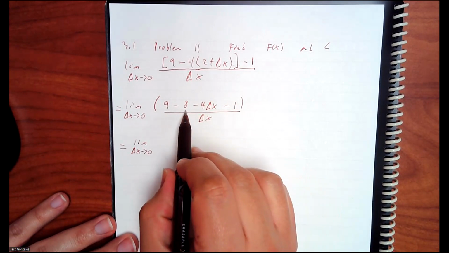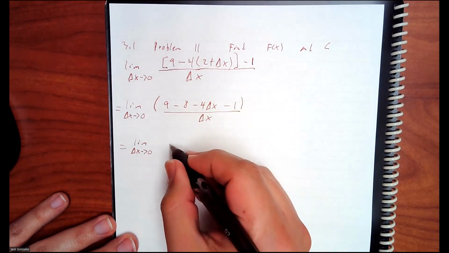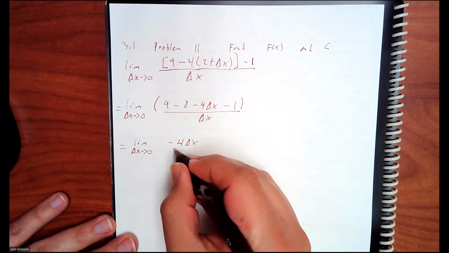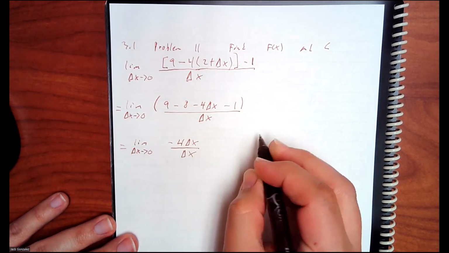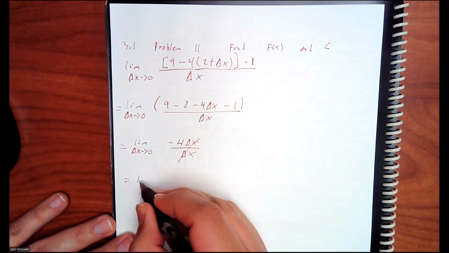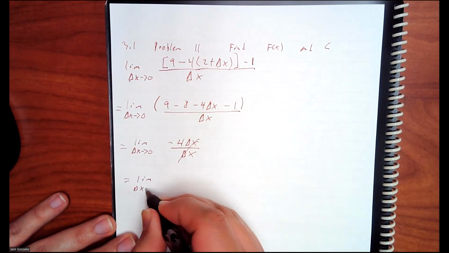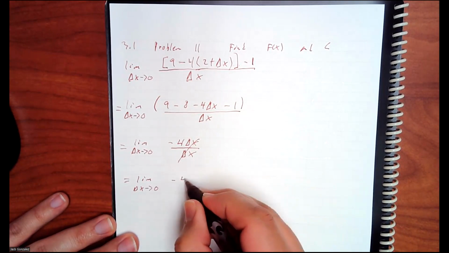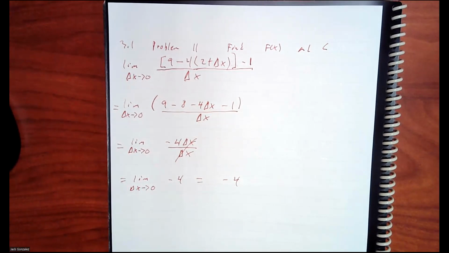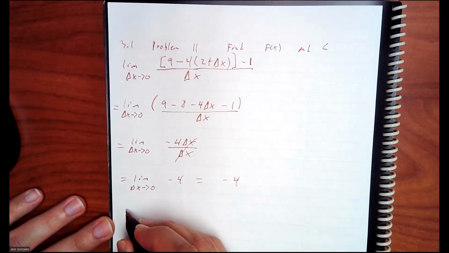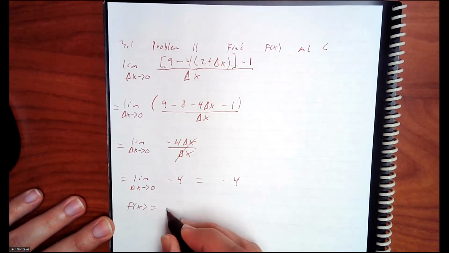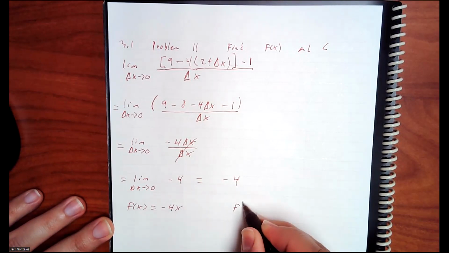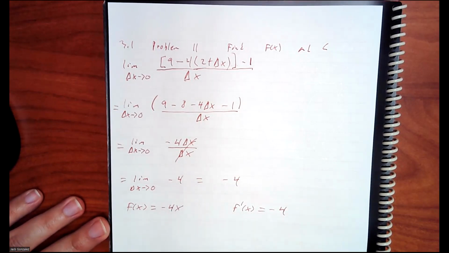So 9 minus 8 is 1, minus 1 is 0, so we're left with negative 4 delta x over delta x, which cancels, right? So the limit no longer has any variable, so that would just be negative 4. There's no more delta x. So I would say f of x is equal to negative 4x. The derivative is equal to negative 4, right?